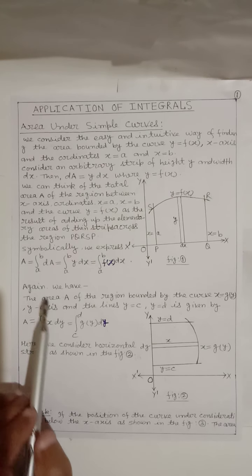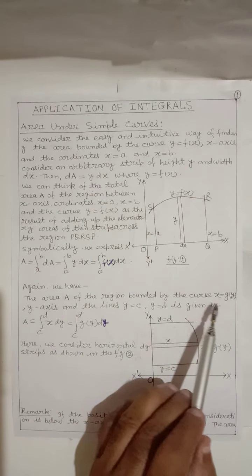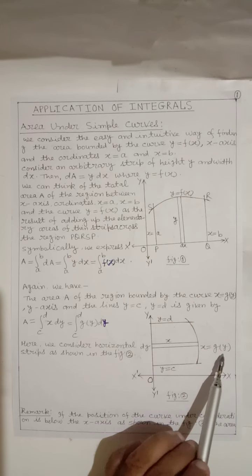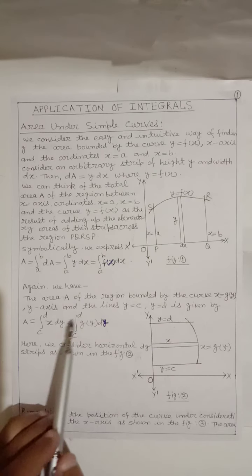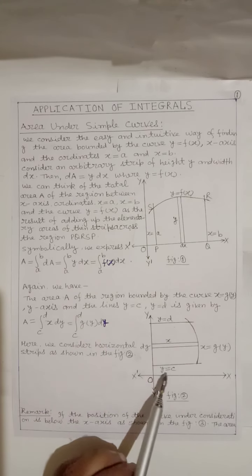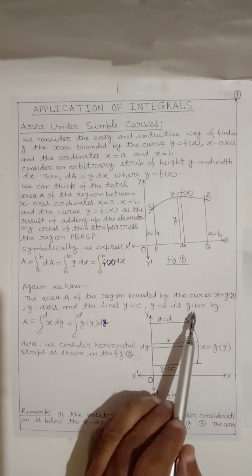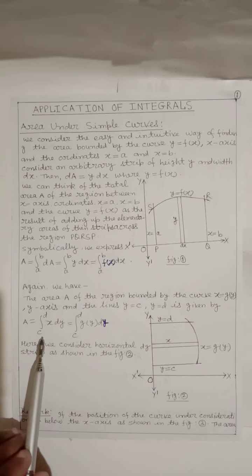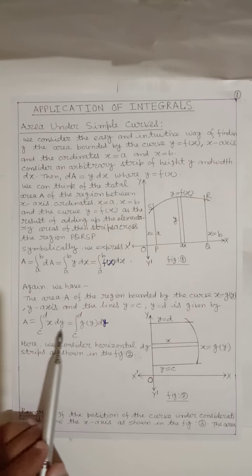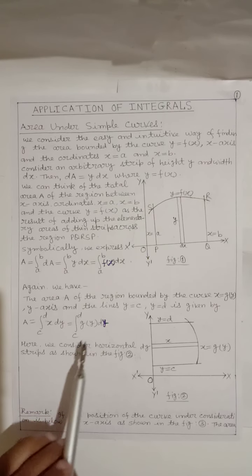Dear students, again we have the area A of the region bounded by the curve x equal to g(y), the y-axis, and the lines y equal to c, y equal to d, given by A equal to the integration from c to d of x dy, and this is equal to the integration from c to d of g(y) dy.